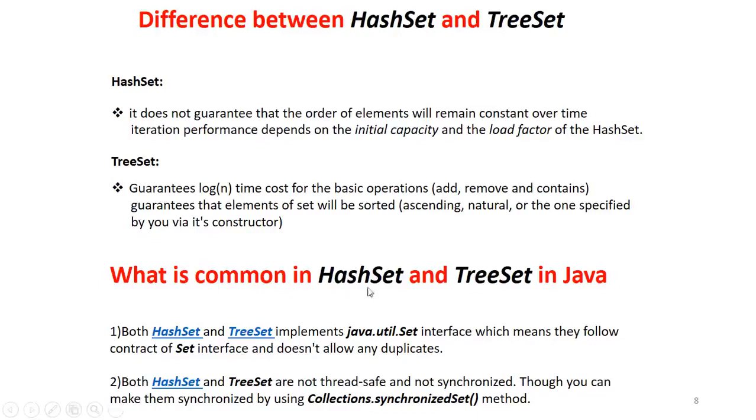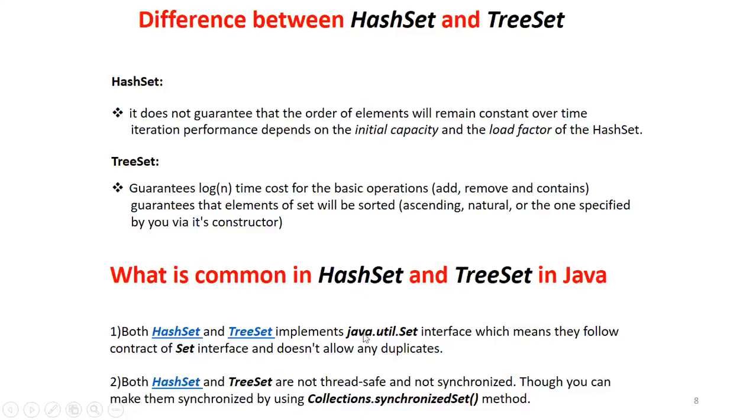So what is common in HashSet and TreeSet? Yes guys, what is common? See, both HashSet and TreeSet implement java.util.Set. Both are classes, and both implement the Set interface, which means they follow the contract of the Set interface and do not allow any duplication.